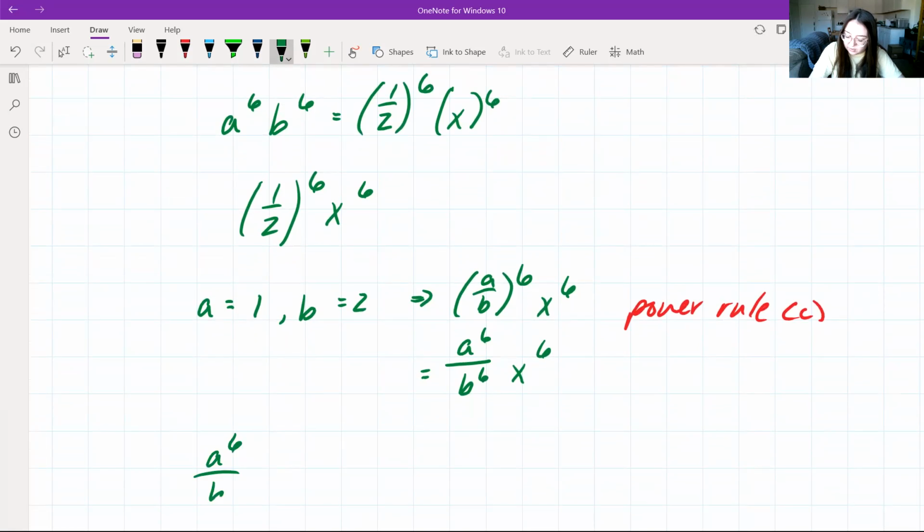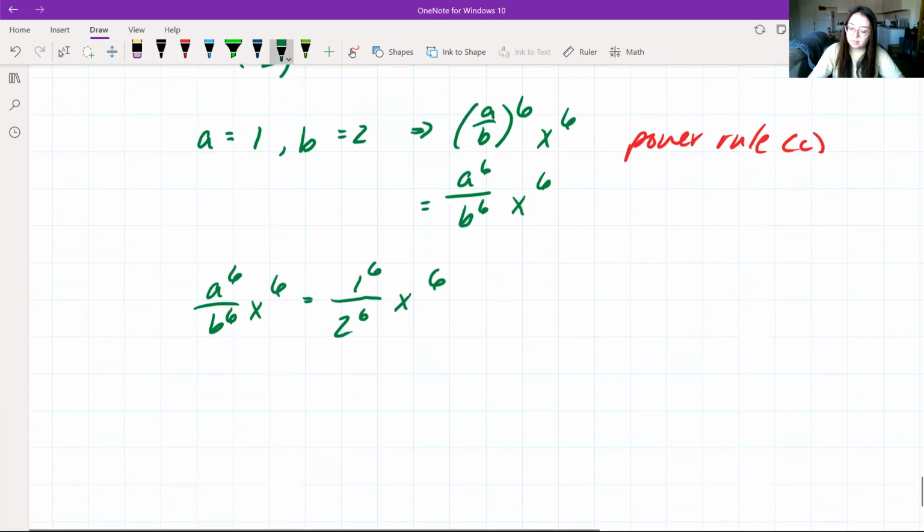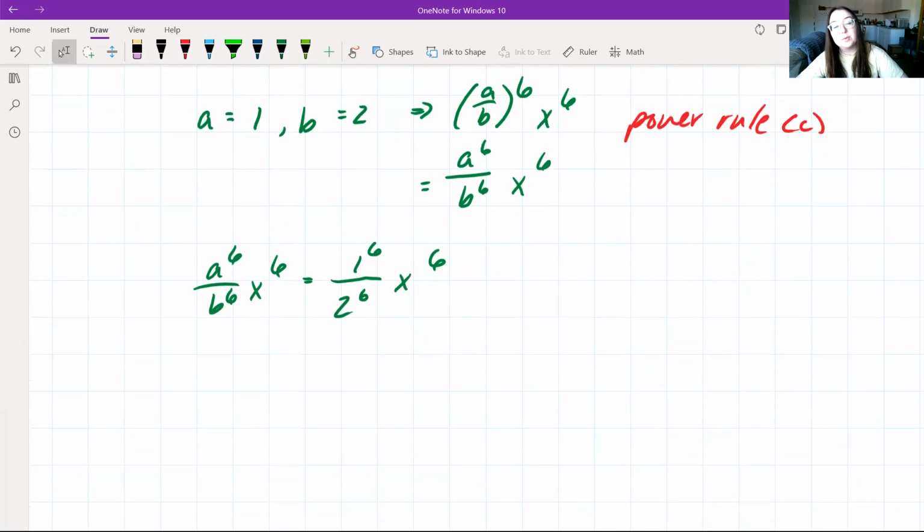where now we can plug these values back in to get 1 to the power of 6 divided by 2 to the power of 6 times x to the power of 6. Now I just want to simplify as much as possible. So 1 to any power is just going to be 1.